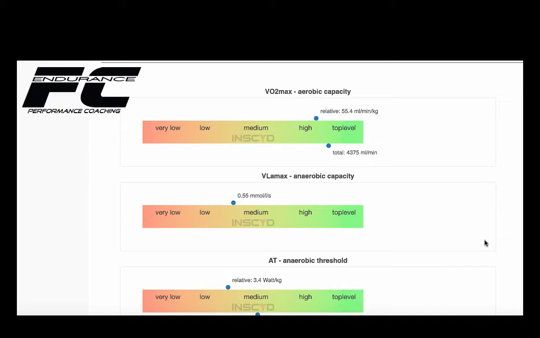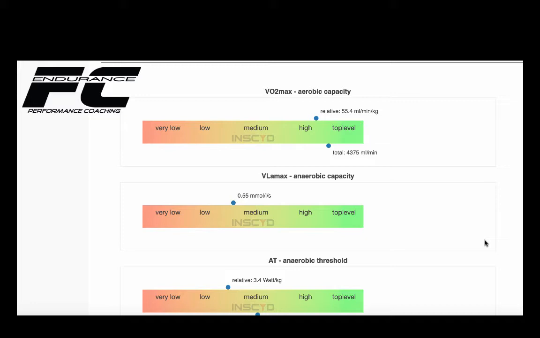So for events like a crit race with lots of sprinting, short intense bouts of intensity, a higher VLA max is going to be better and more desirable. If it's too low, we're not going to be successful in those events that require short, punchy, hard, intense efforts.